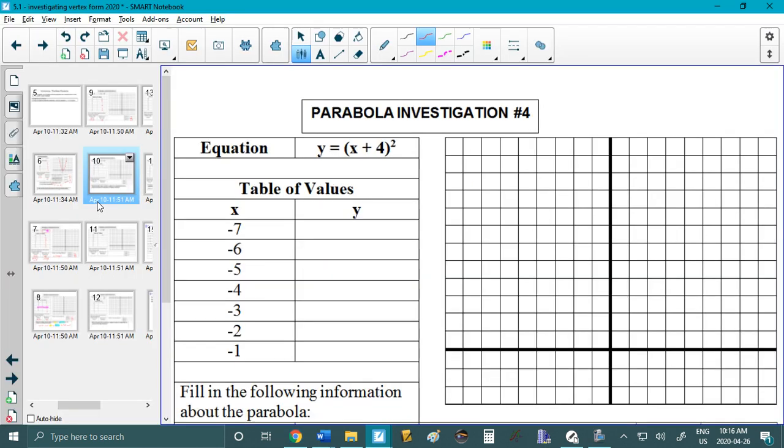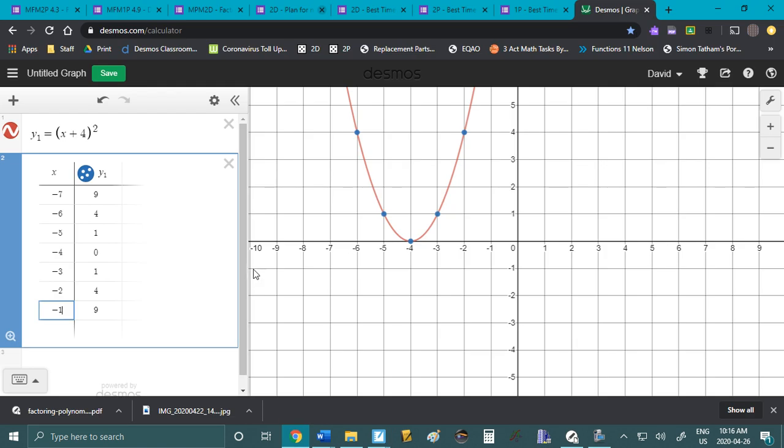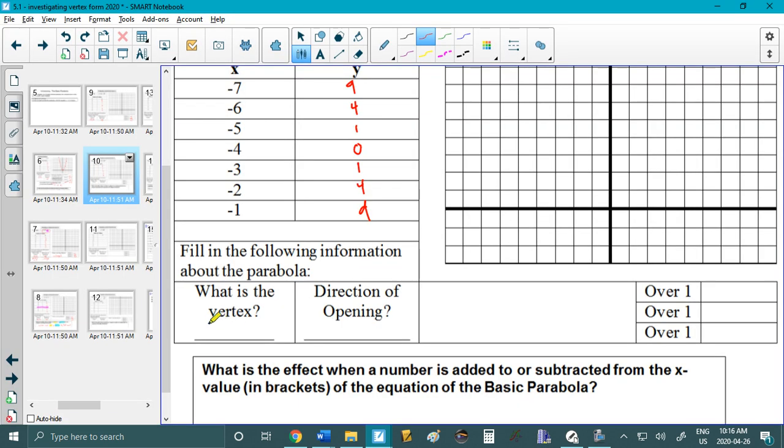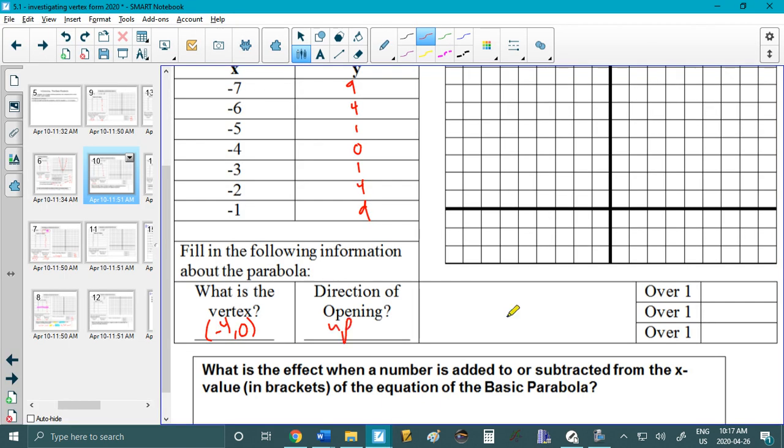And the y values are the same, except now the thing's been moved to the side. So 9, 4, 1, 0, 1, 4, 9. The new vertex is -4, 0. It still goes up. The step pattern is still the same.